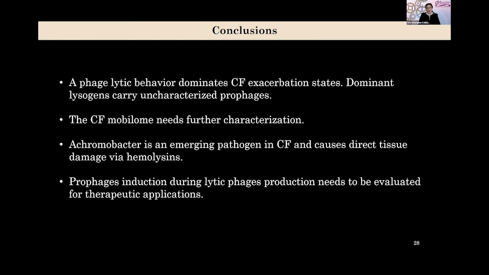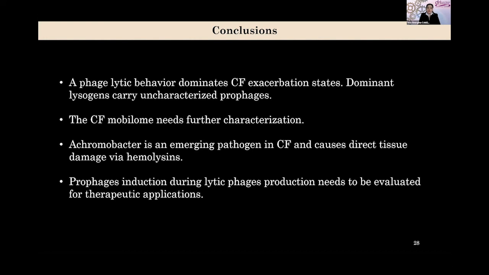So what we learned is that there is phage lytic behavior inside the CF exacerbations. The dominant microbes in these CF exacerbations are lysogens, which means that they are carrying several prophages that are novel by themselves, but they are also carrying several uncharacterized toxins.